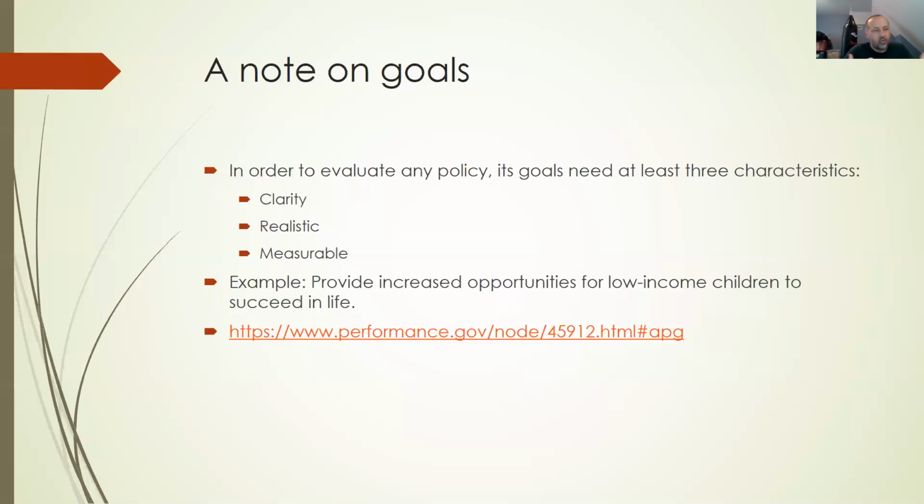These are things that governments use, right? And so it's important to understand this before we dive in to any actual evaluation or analysis.